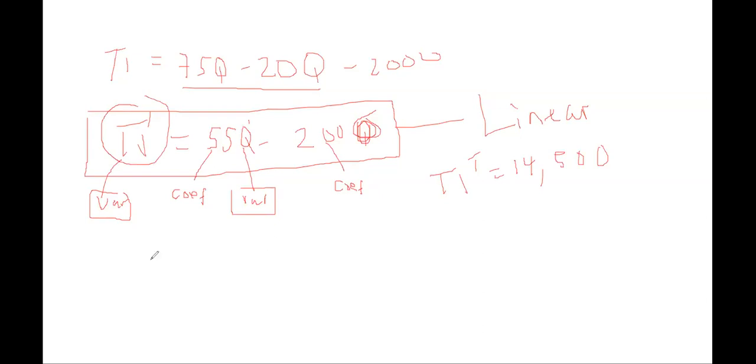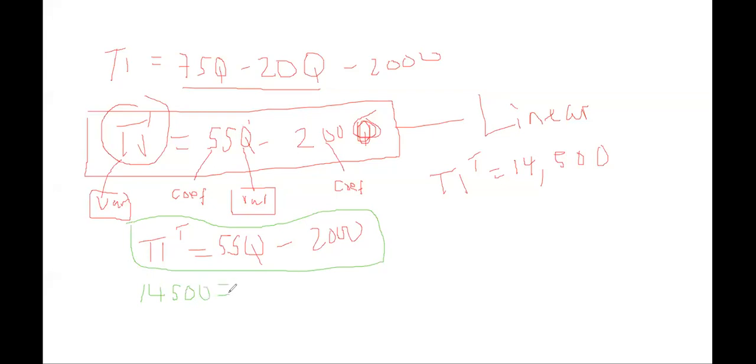So in another word, we can even say it is the targeted profit equals the equation that we have, 55Q minus 2000. So we know that our targeted profit is $14,500.